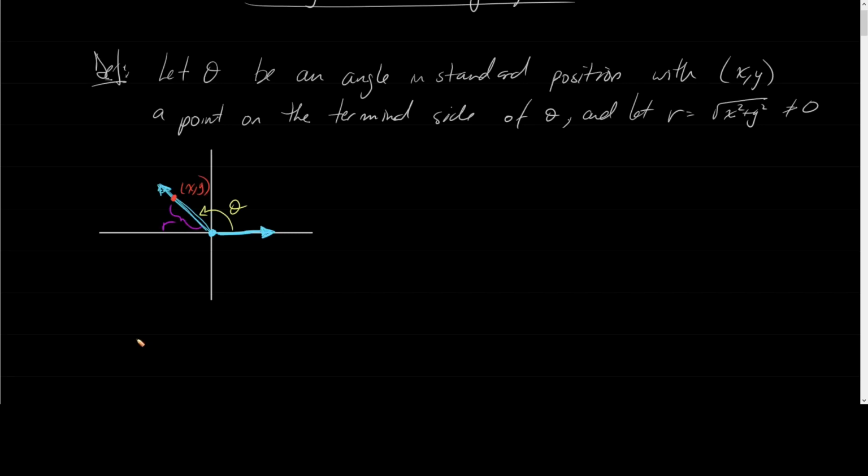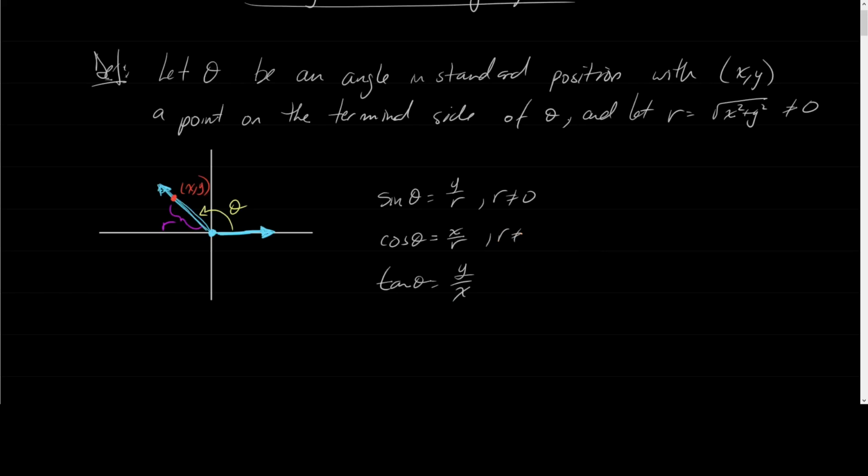Now on that, if we have this, then we can say the following. Sine of theta would be equal to y over r, as long as r does not equal 0. That's why it's important that we have r not equal 0. Cosine theta would be x over r. Tan theta would be y over x.